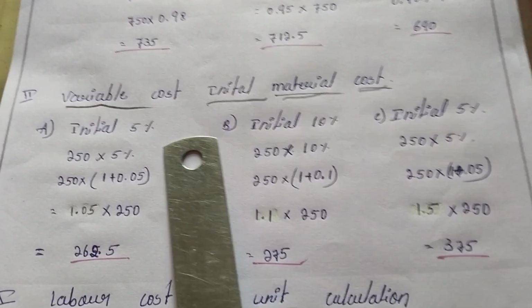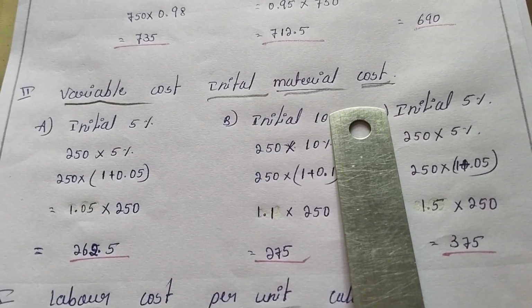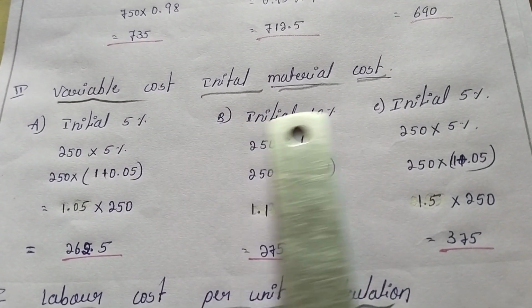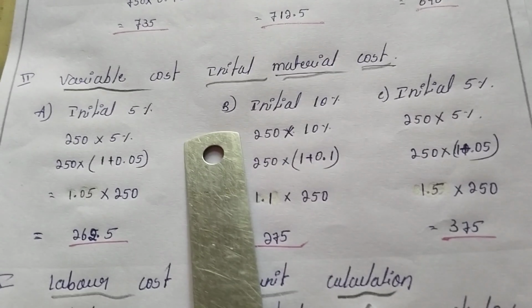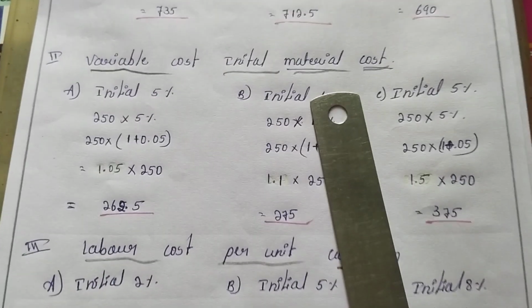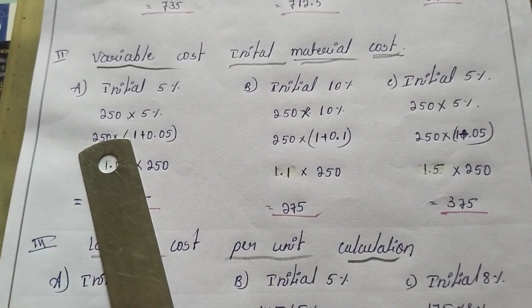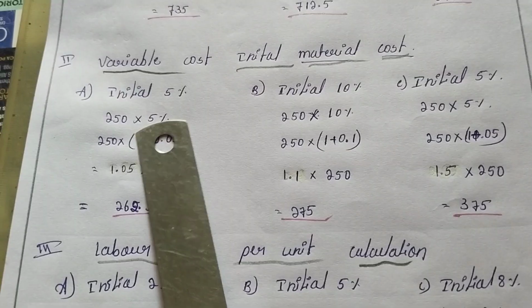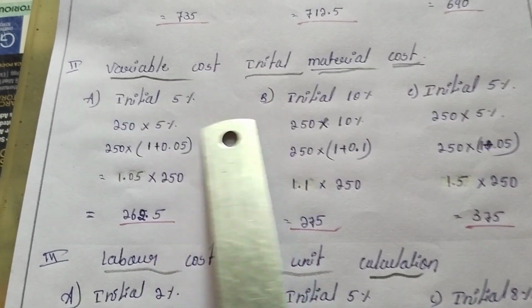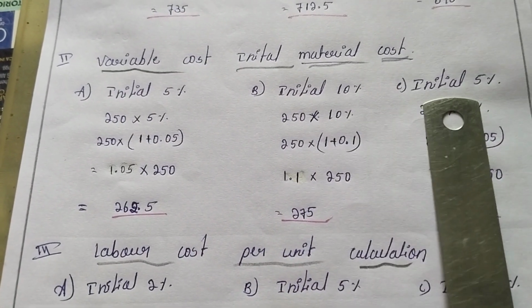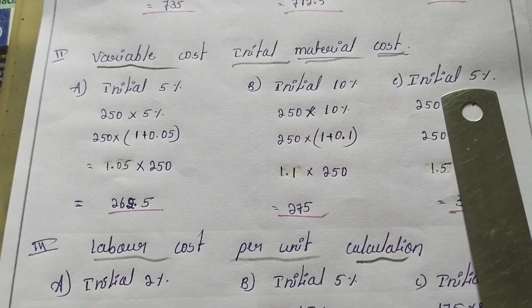And the second one, variable cost: initial material cost. The material cost given in the problem is 250, and it increases by 5% at 60%, 10% at 80%, and 5% at 100%.